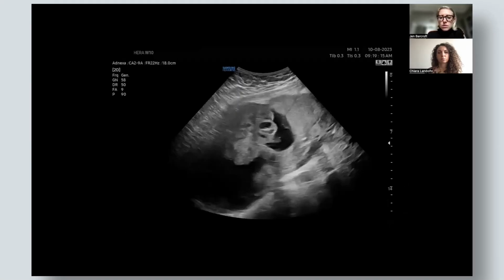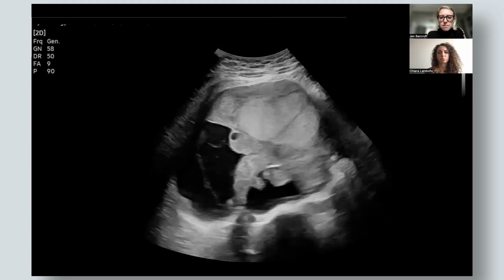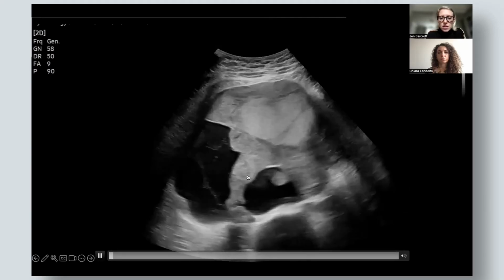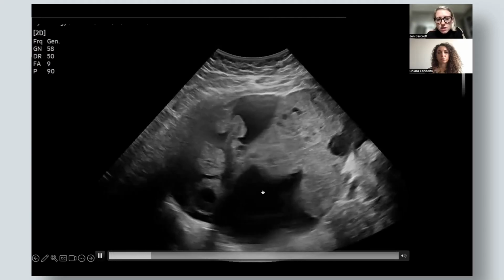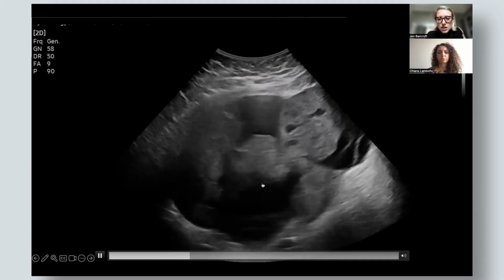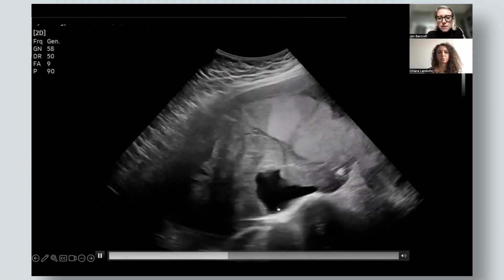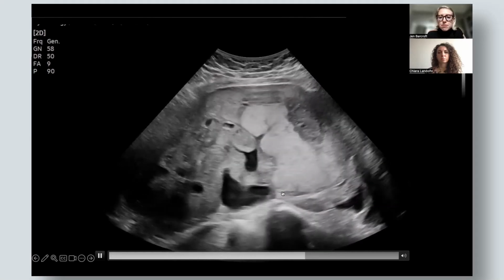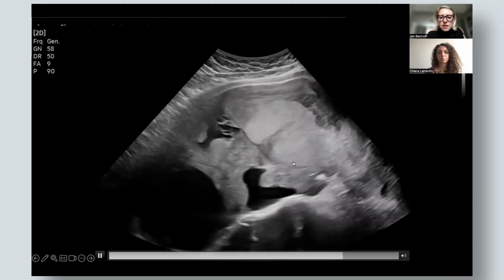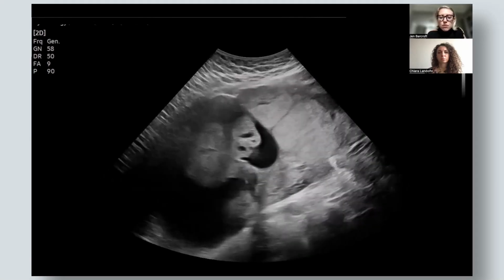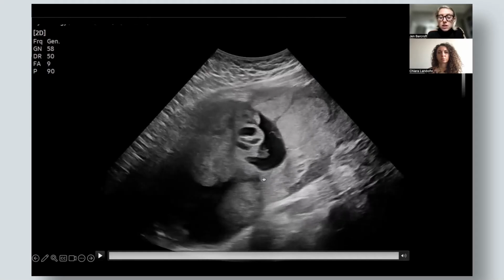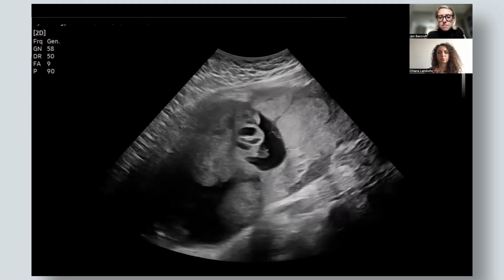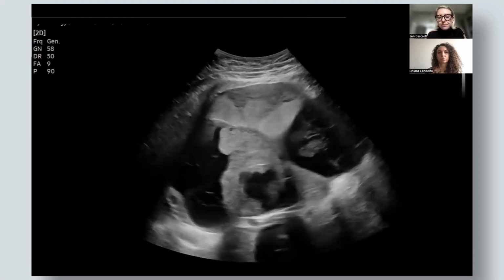Now, you'll note, just to run that video again, you can see here that we have got some papillary projections projecting into the cystic area, just here. And we've also got a separate solid component. So therefore, we have a multilocular solid mass with the presence of papillary projections. And it was felt to have between 5 and 10 locules.